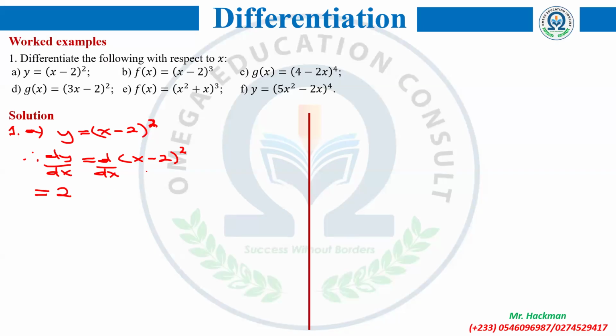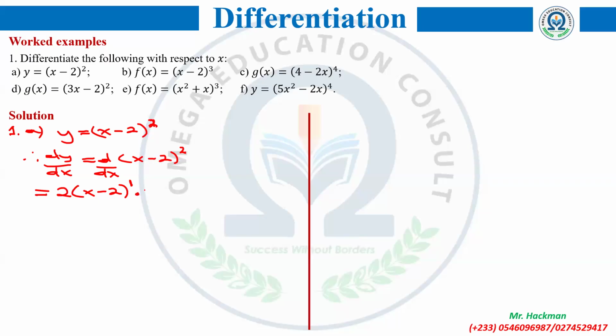Then you keep the function that you are raising to the power. Which function is it? x minus 2. Then you reduce the exponent by 1, so it will be 2 minus 1, which gives us 1. I'm writing it just for purposes of explanation, but you are matured, you don't write it. It is simply understood to be there, but that is not all.